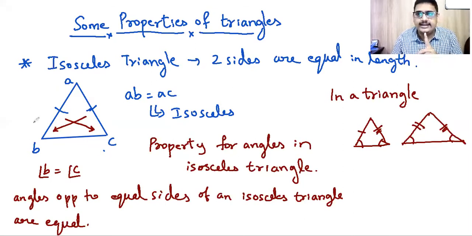In a single triangle where two sides are equal, the corresponding opposite angles are also equal. Is this very clear, or should I repeat? In an isosceles triangle, angles opposite to equal sides are equal.